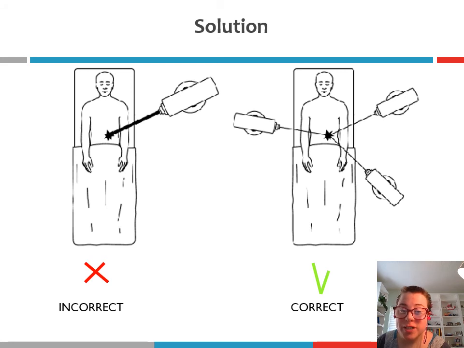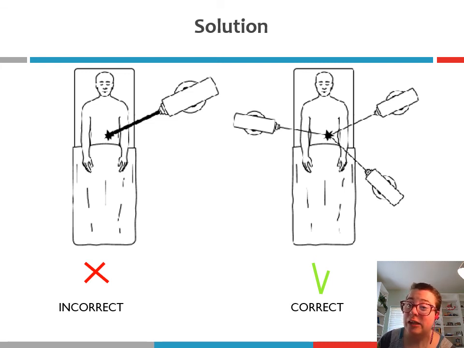So the solution to this problem, which less than 10% of people came up with in the Gick and Holyoak 1980 study in which this problem was presented, is simply to bombard the tumor in the center with a number of low intensity rays from different directions, right?